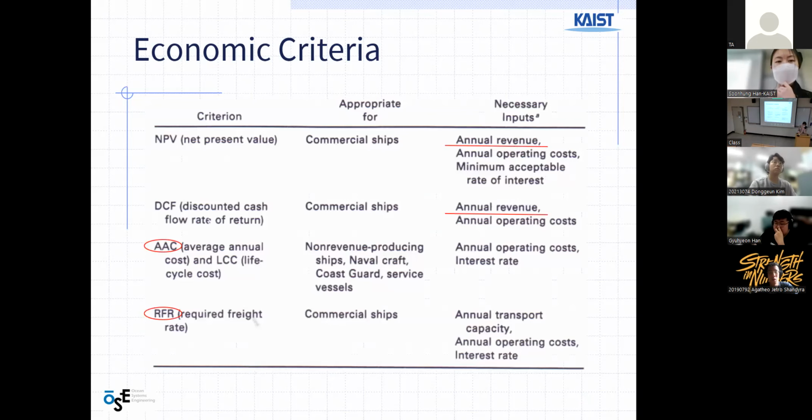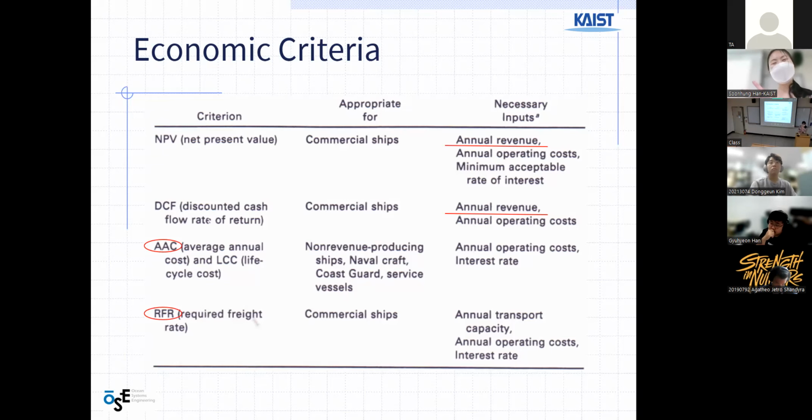Here's a simple example showing the different criteria. There are actually different types of ships, commercial ships or naval crafts. They all have different criteria and different necessary inputs that are being used for each type of criteria. And you notice that for AAC, it's not commercial but other types of ships that are being used, mainly because, as we saw, AAC doesn't really require cargo, although people could be considered as cargo.